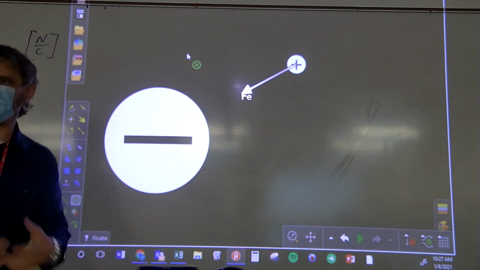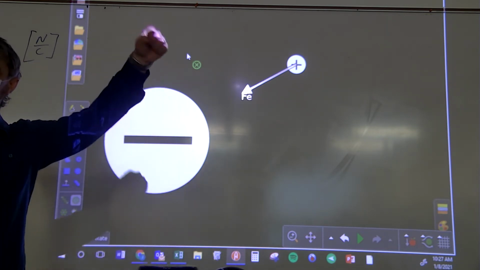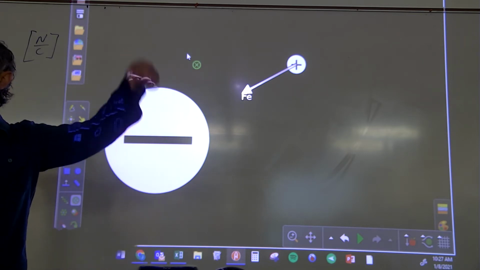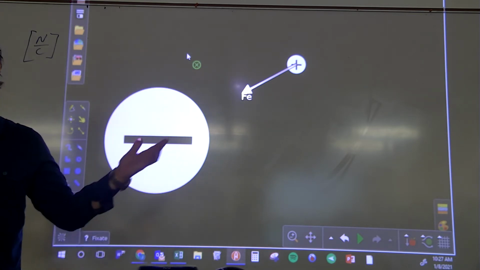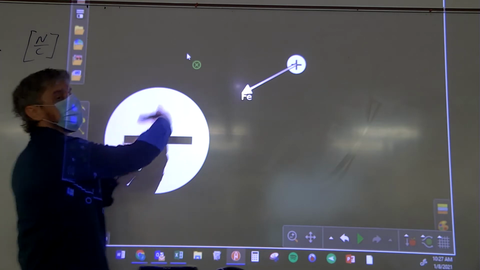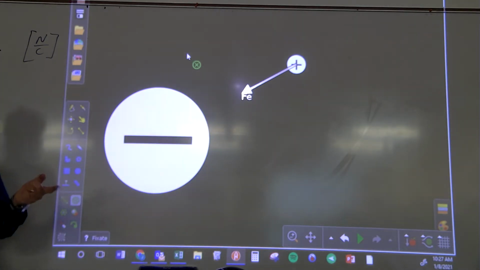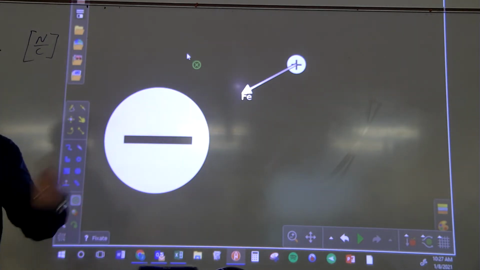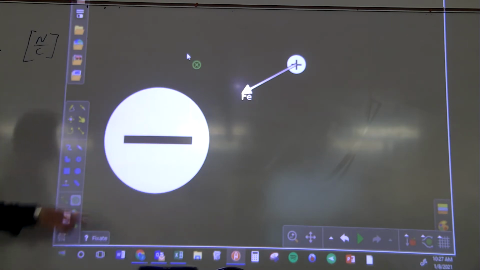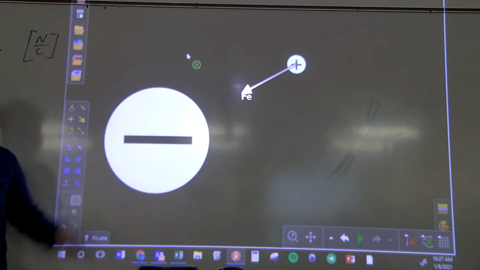Think of like the gravitational field of the Earth. We consider the direction of the field to be pointing towards the mass, right? Because we have two different types of charges, we had to pick. Well, they had to point towards one and away from the other. And so by convention, they picked towards the negative, away from the positive.